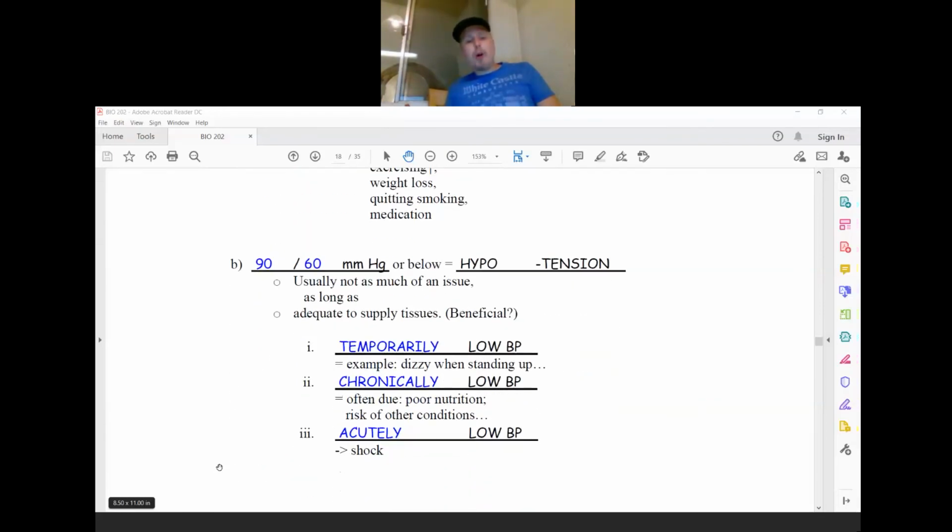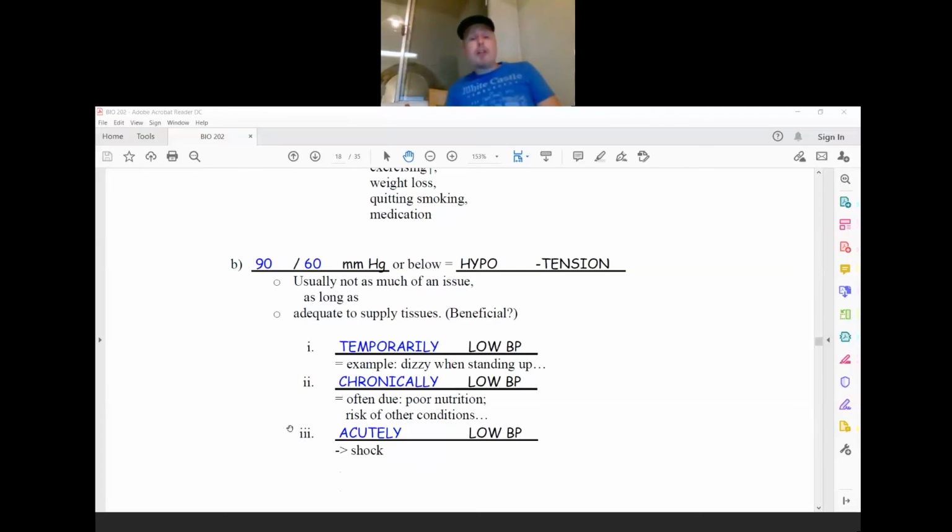Hypotension refers to low blood pressure, and there are different reasons that can cause hypotension. You might have a temporarily low blood pressure. This is when you get, for example, dizzy when you're standing up. If it's temporary, it usually causes less concern. Chronically low blood pressure is often related to poor nutrition, and that has risk of other conditions.